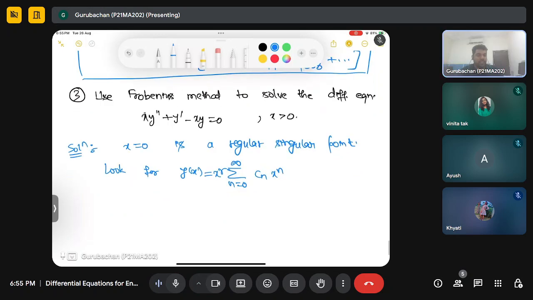So what will be its first derivative? Its first derivative is summation n equal to 0 to infinity Cn (n plus r) x to the power n plus r minus 1, while the second derivative will be with (n plus r).